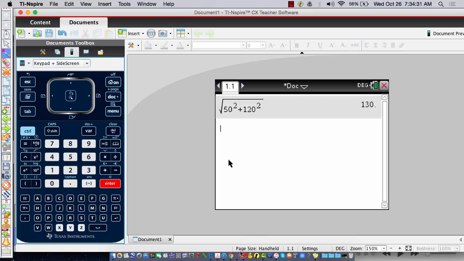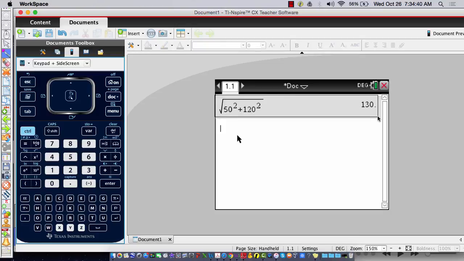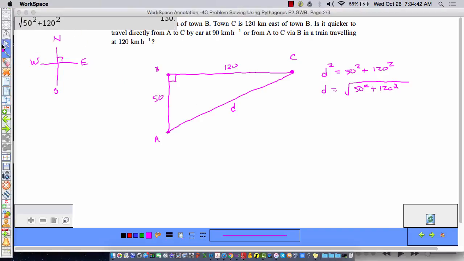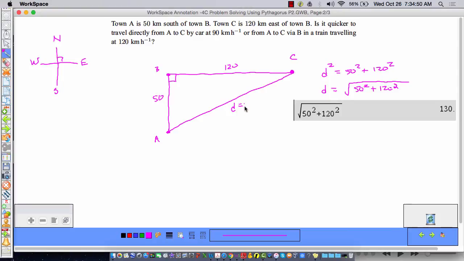So we know that value is 130. That should be easy to work with. So D is equal to 130, and that's going to be kilometers.